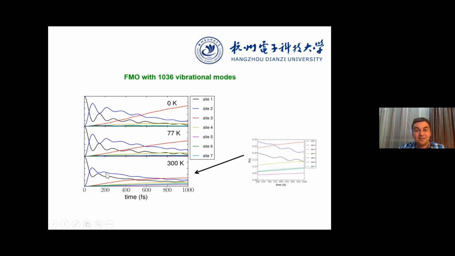You still see at room temperature certain oscillations, and these oscillations in population persist at quite long times. So temperature doesn't completely kill this oscillatory behavior of populations.